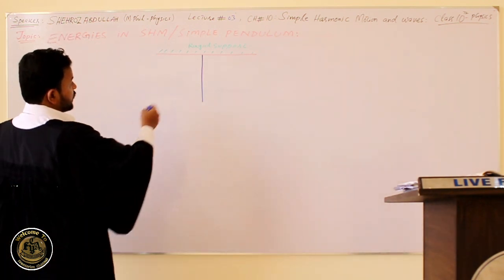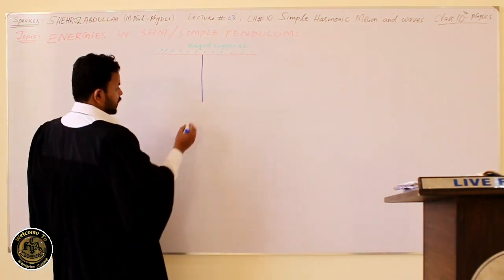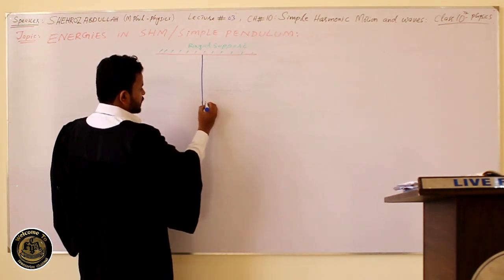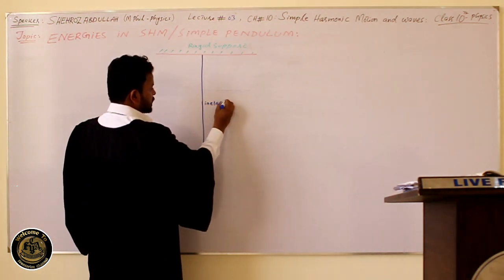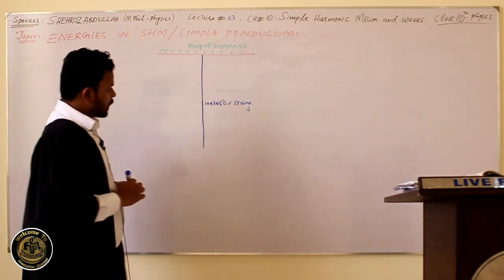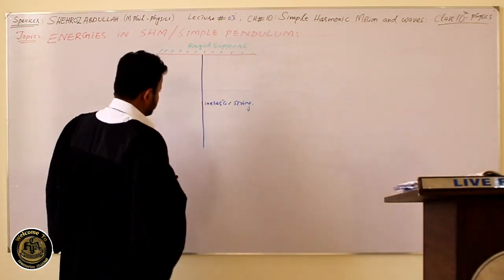Okay, let's suppose we have this sort of rigid support, and we have an inelastic string over here. And we have a metallic sphere over here.